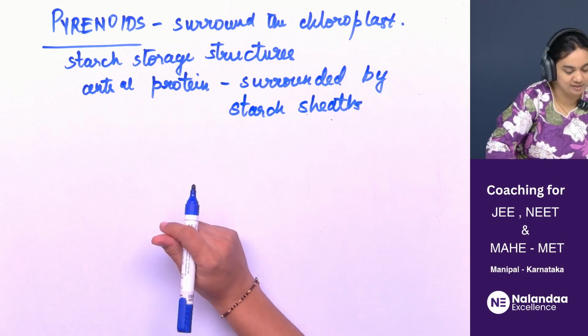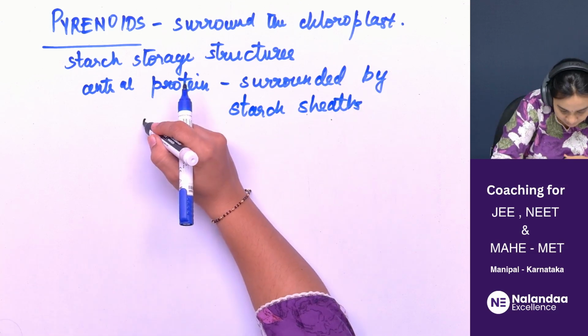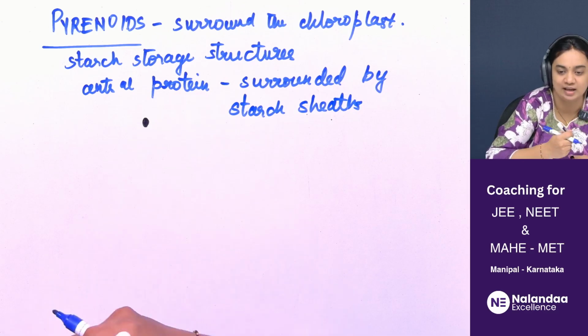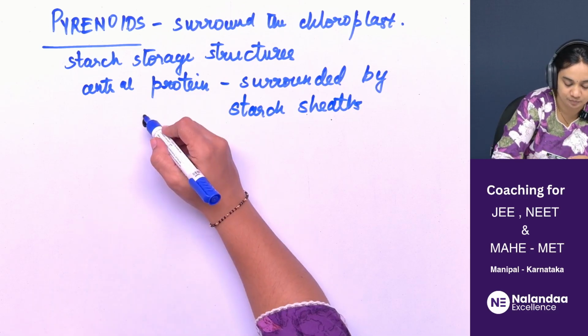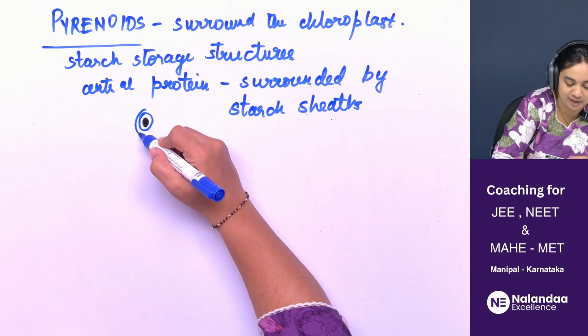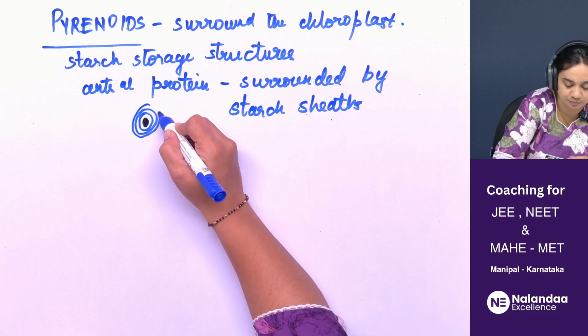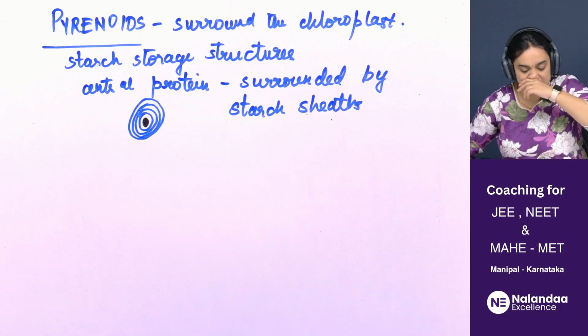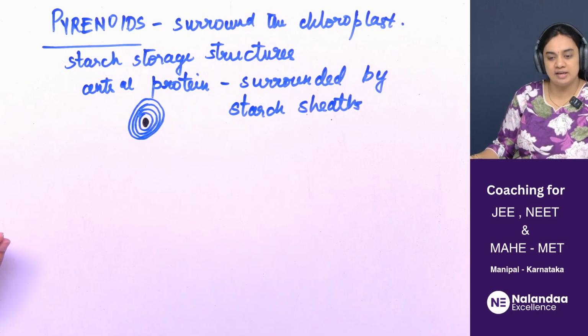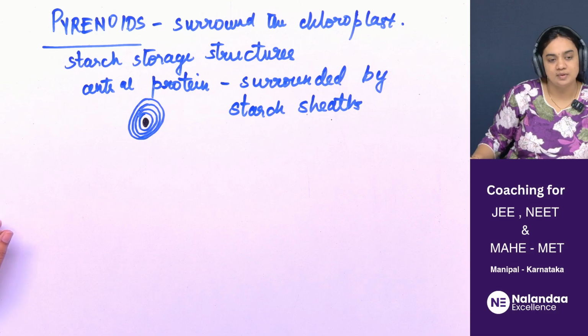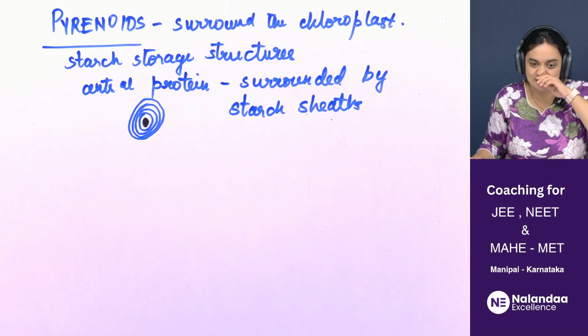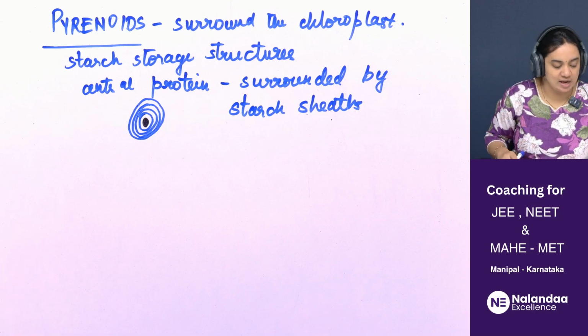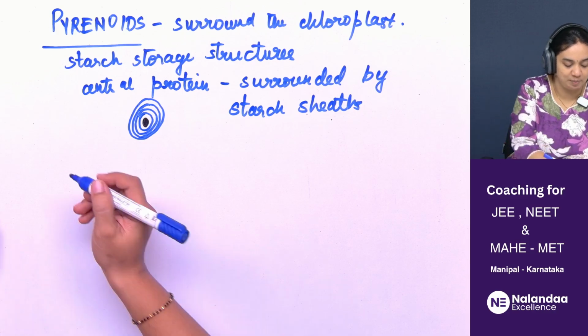If this is a pyrenoid, there will be a central protein molecule surrounded by many layers of starch that are laid down. So a pyrenoid is a starch storage structure where generally there is a central protein surrounded by many starch sheets.